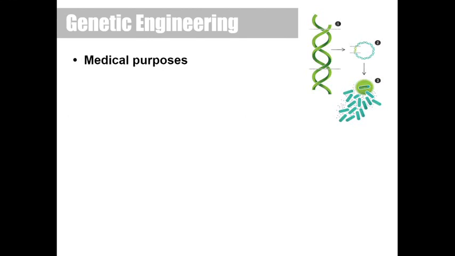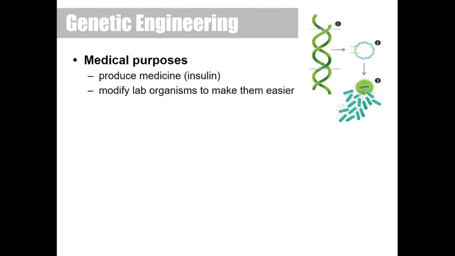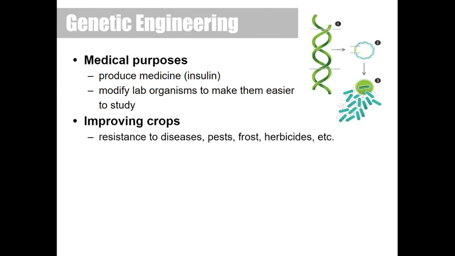So let's talk about genetic engineering in regards to medical purposes. We use it to produce medicine, such as insulin, and modify lab organisms to make them easier to study. We also use it in improving crops. So we make our crops resistant to diseases, pests, frost, herbicides, and so many more things.